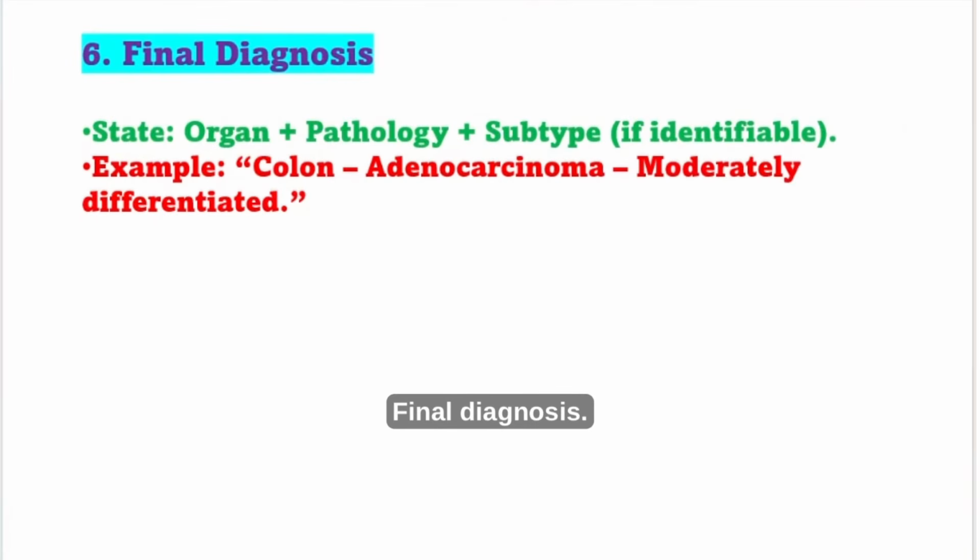Then the final diagnosis. In the final diagnosis, you state what the organ is, what the pathology is and the subtype. For example, colon having adenocarcinoma, moderately differentiated, which is the subtype.